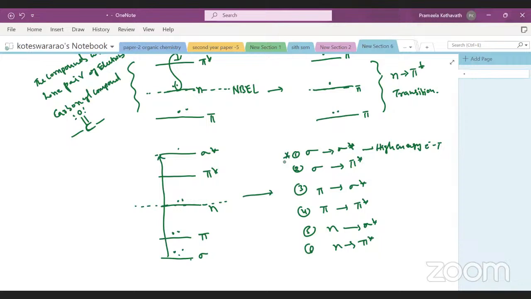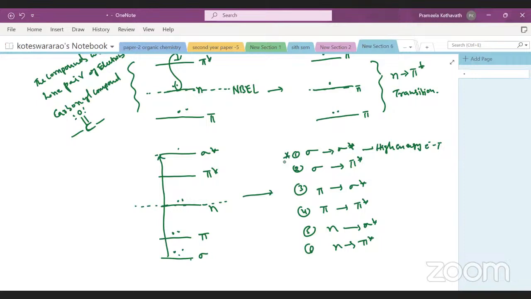That is the first thing. And the second thing, even though it is symmetrically possible, most organic compounds will not undergo any sigma to sigma star electron transitions. Very few compounds undergo it, because it is symmetrically allowed but energetically forbidden. Please remember that.